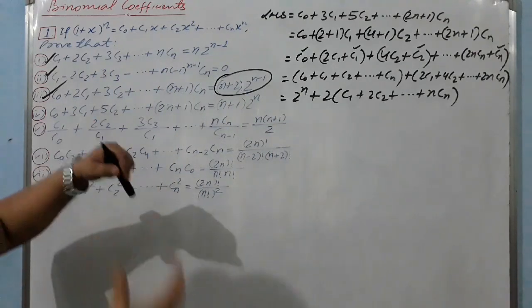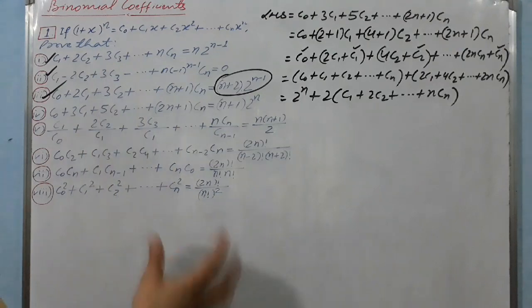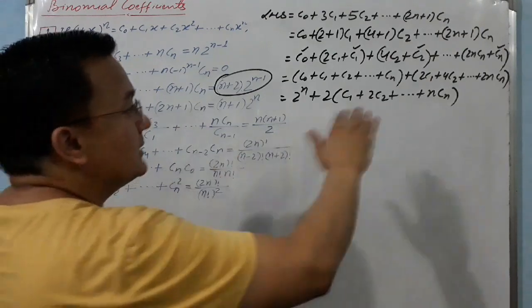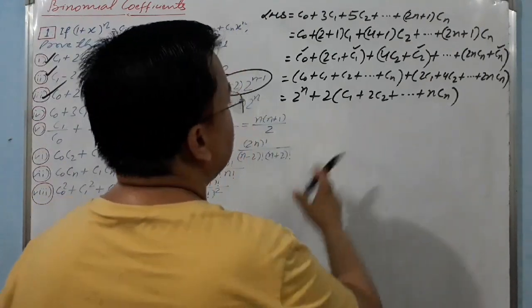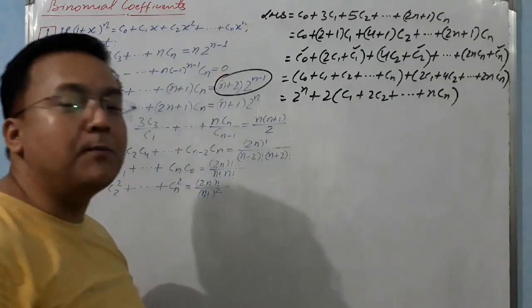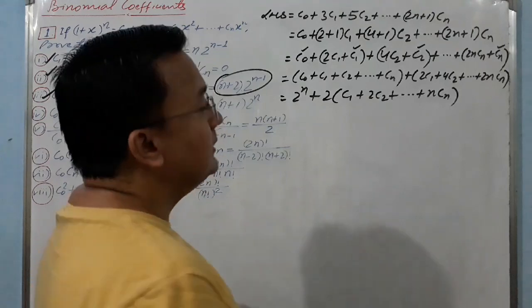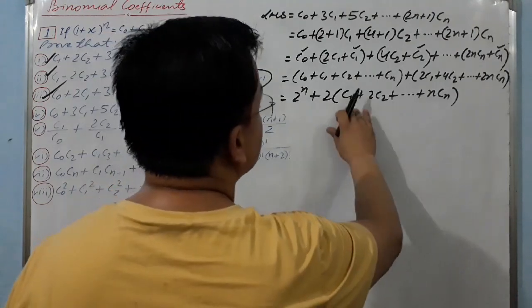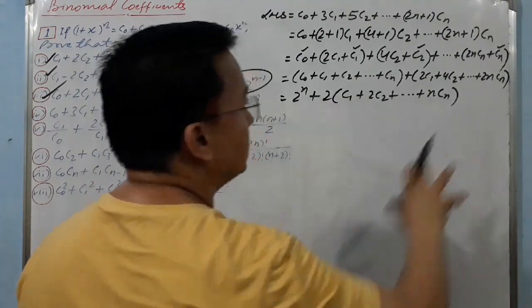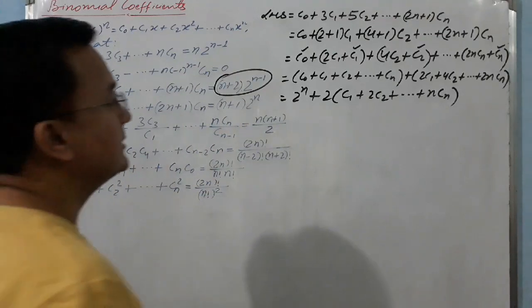So you can use the same methods, the same lines here, or you can expand, depending on the marks. If it is necessary to expand, then you should expand, you should do it completely and show each and every line for this question.